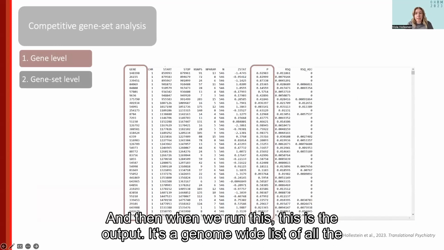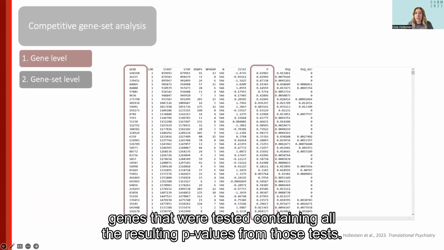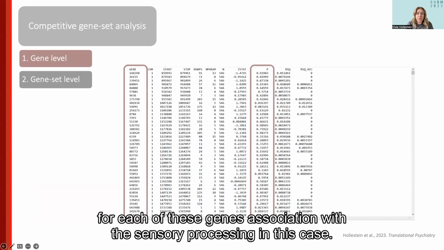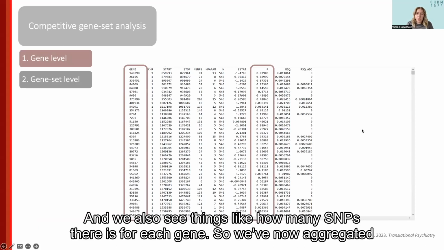It's a genome-wide list of all the genes that were tested, containing all the resulting p-values from those tests. And in this output file, we first have the list of genes and the p-values for each of these genes' association with the sensory processing in this case. And we also see things like how many SNPs there are for each gene.